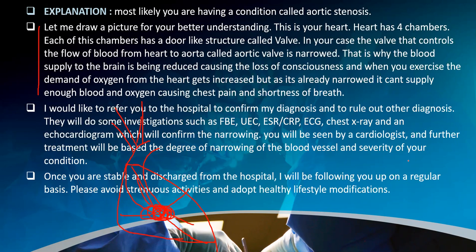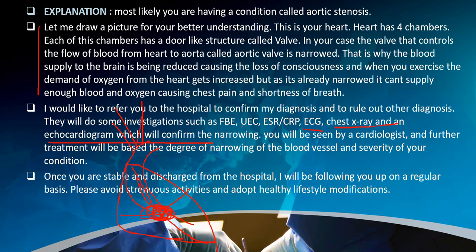Full blood examination. These are basic blood tests. Everyone will get it. Full blood examination, kidney function test, ESR, CRP, electrocardiogram or ECG, chest X-ray, and an echocardiogram to confirm your heart valve condition. So mainly for this case, ECG, chest X-ray, and an echocardiogram will be very important.